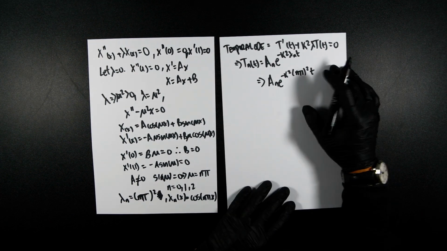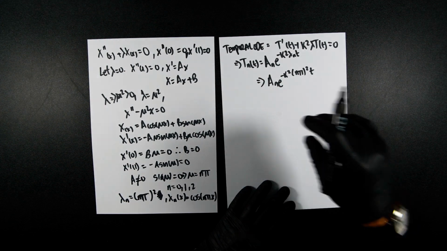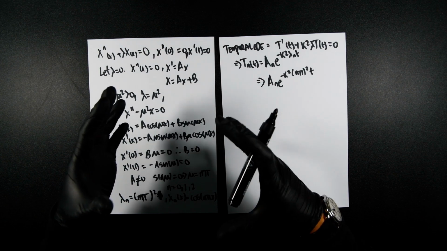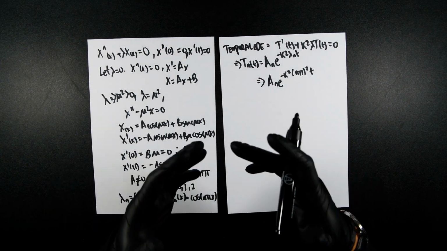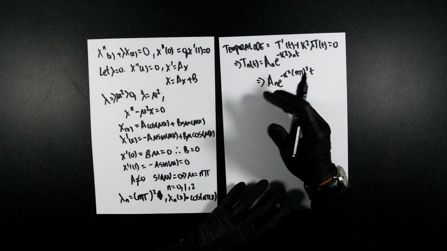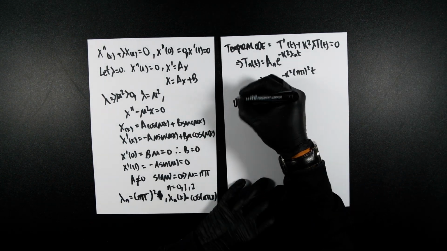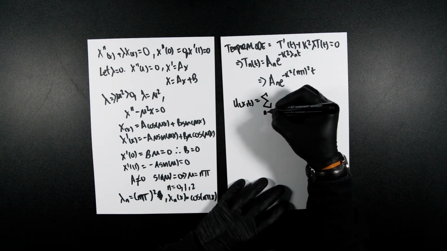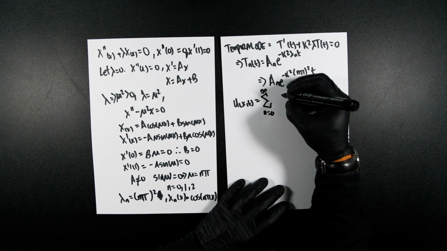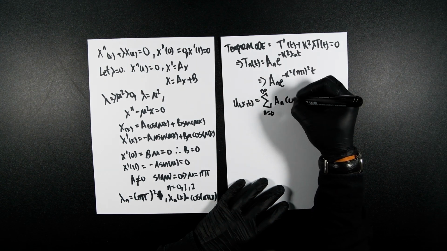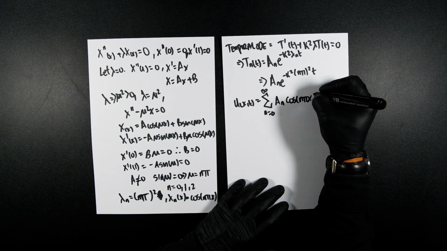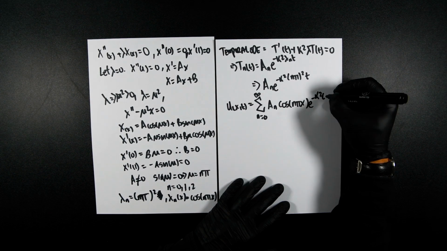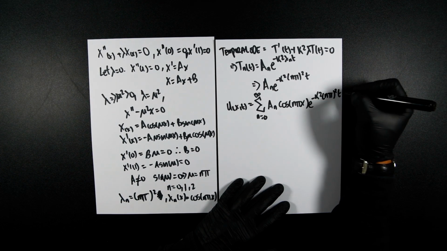Because the next step is we have the general solution, which is the sum of all the eigenfunctions that we've created, because we've created this negative lambda constant. So we want to sum all of them together, which is going to be u of x,t equals the sum from n equals 0 to infinity of a n cos n pi x, e to the minus k squared n pi squared t.